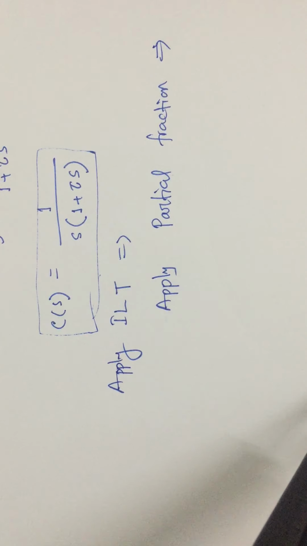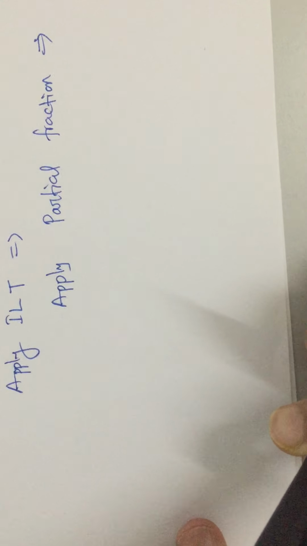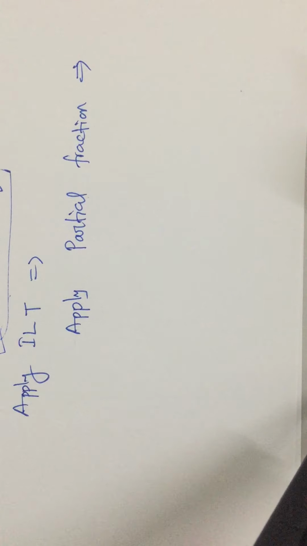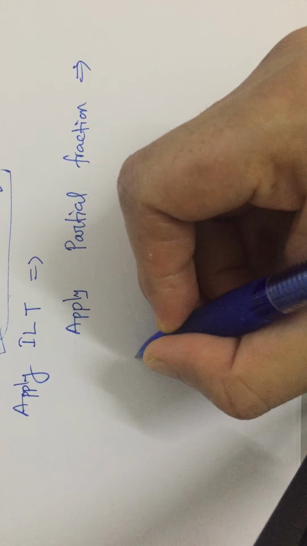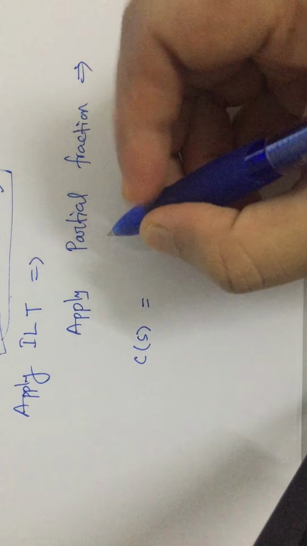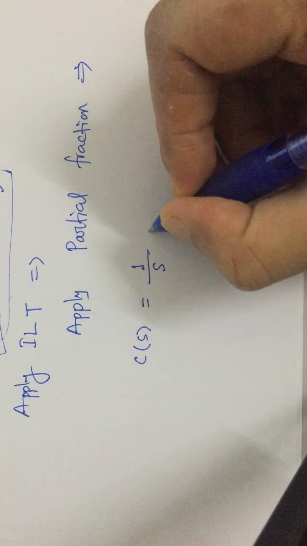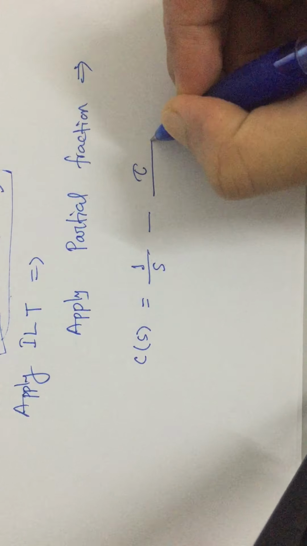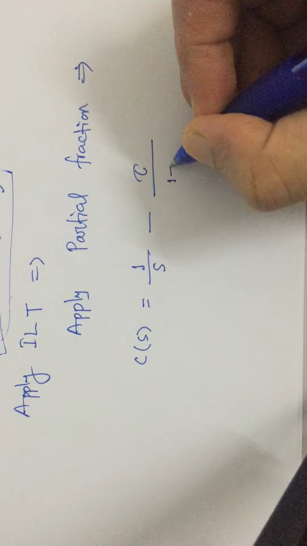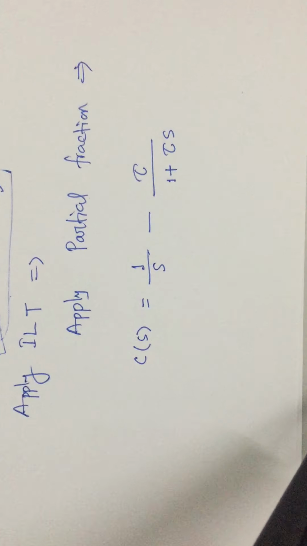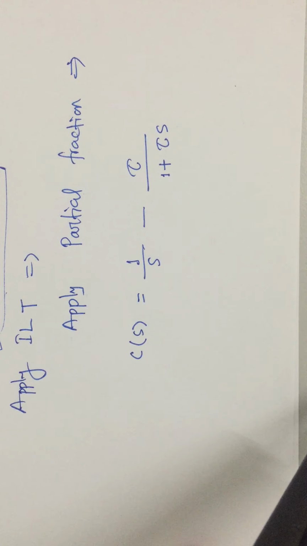If you apply the partial fraction, I will not show you because you already know how to do it. Then finally I will get C of s equal 1 over s minus tau divided by 1 plus tau s. That's what we will get.